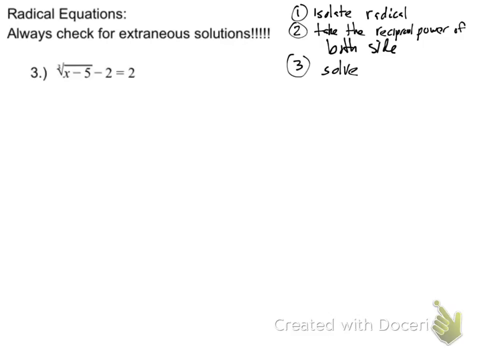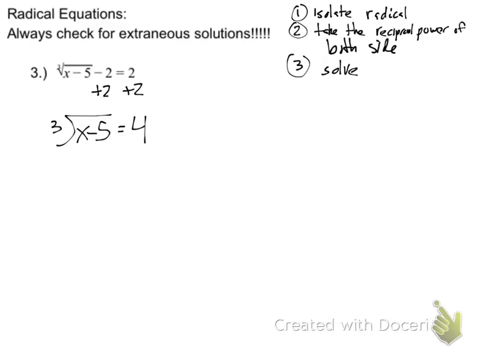So on our problem here, the first step would be what? Get rid of the negative 2 by adding 2 to both sides. And so I end up with 4. So now I have the cubed root of the quantity x minus 5 equals 4, sorry.